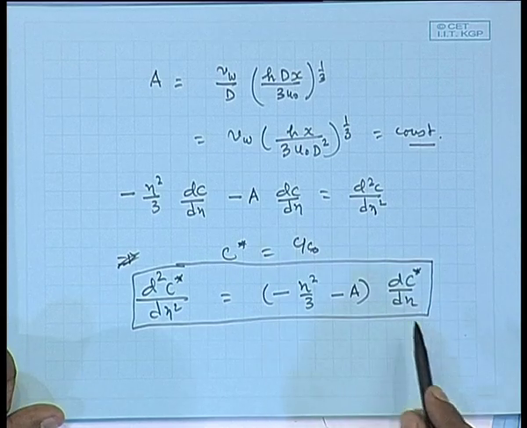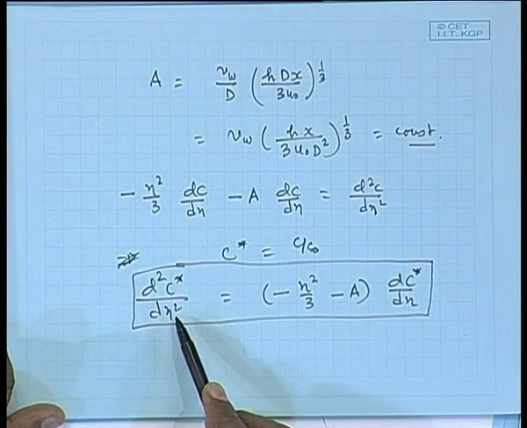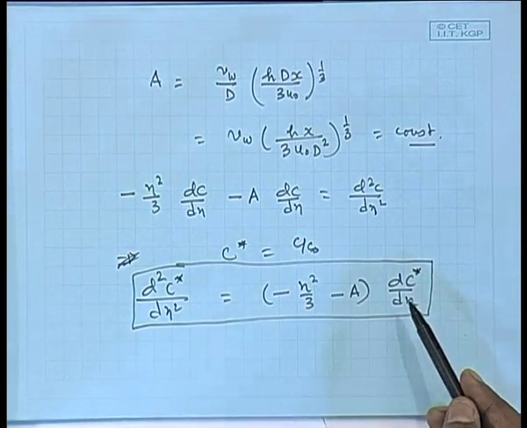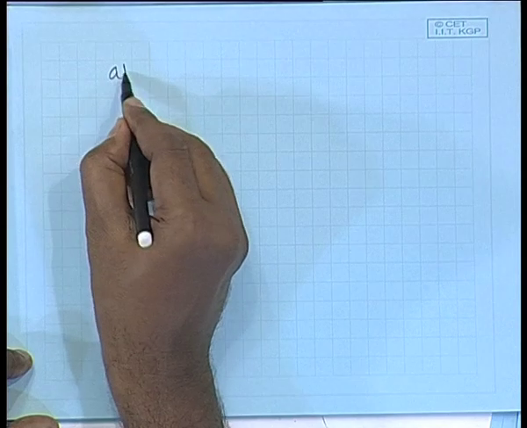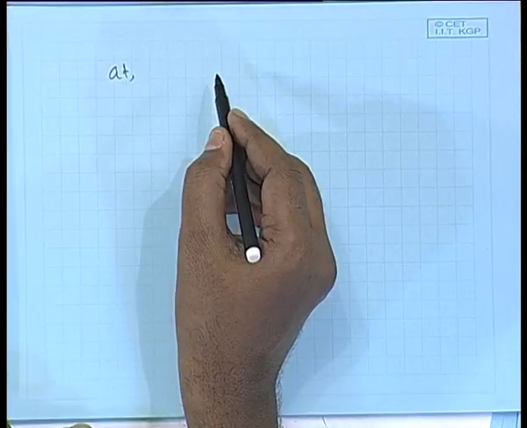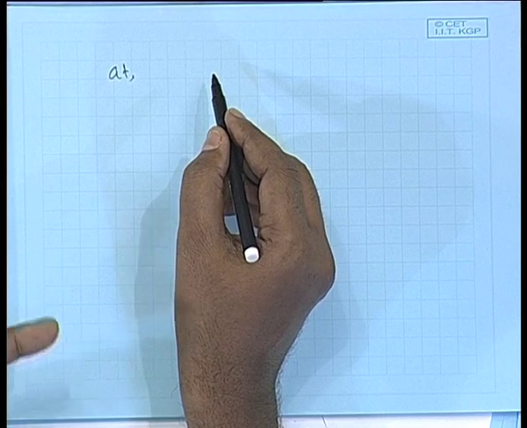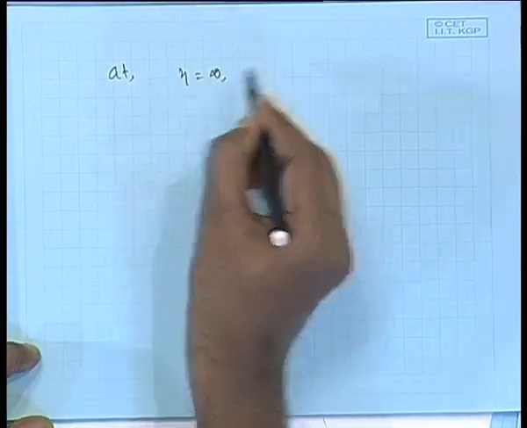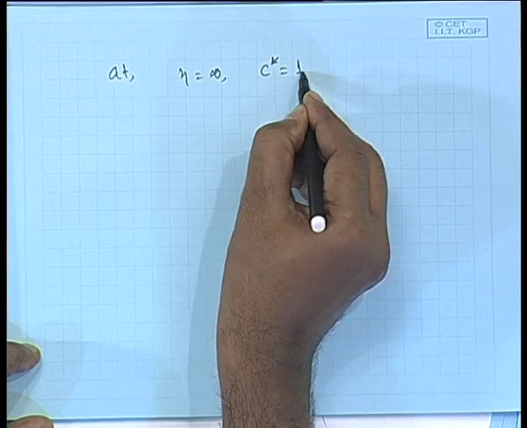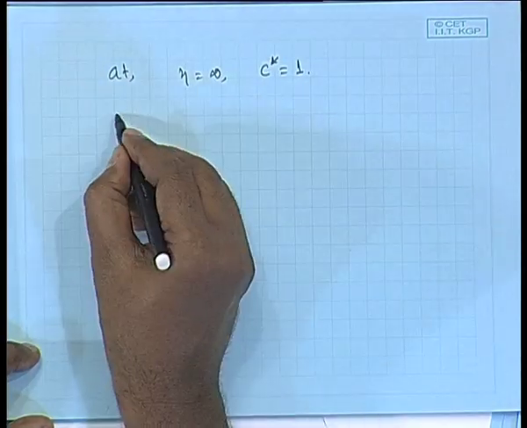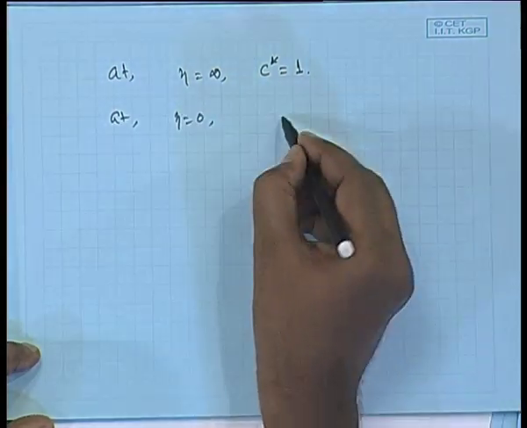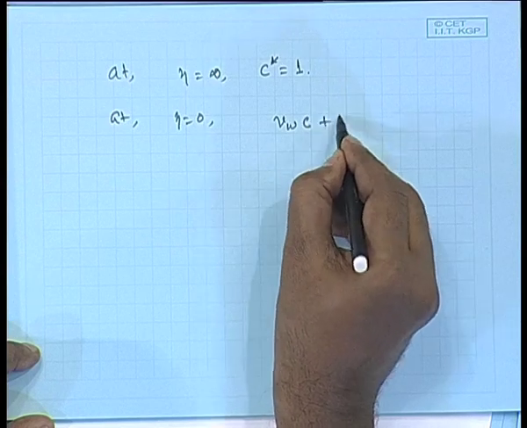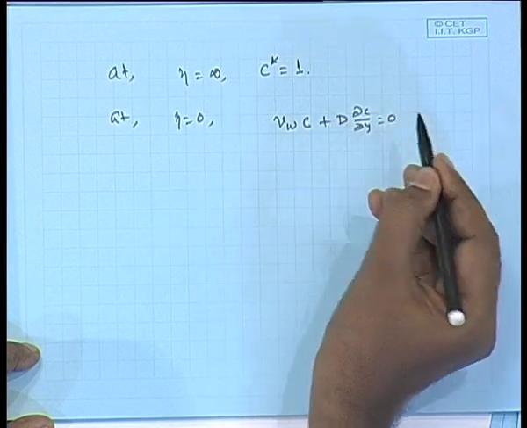Now, to solve the problem, you need to have two boundary conditions on eta. For that, you have to change the original boundary conditions into the transformed parameter eta. What is that? At y equal to infinity, C was equal to C0. At y equal to infinity means at eta equal to infinity, C star is equal to 1, right. At y equal to 0, that means at eta equal to 0, you have the boundary condition Vw C plus D del c del y equal to 0.